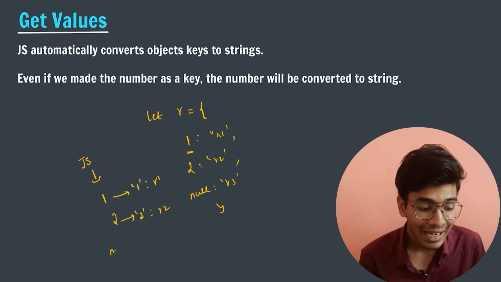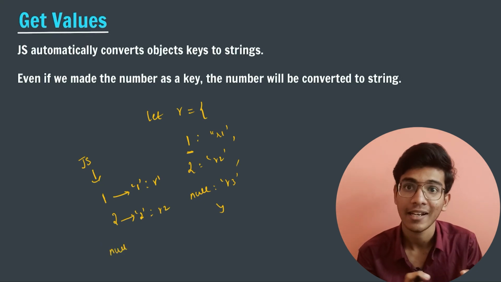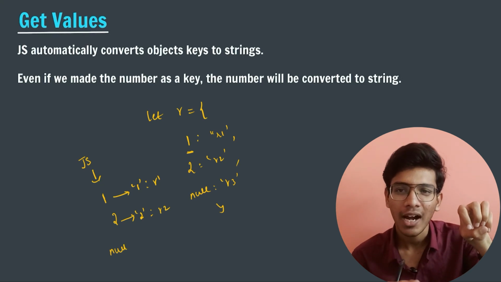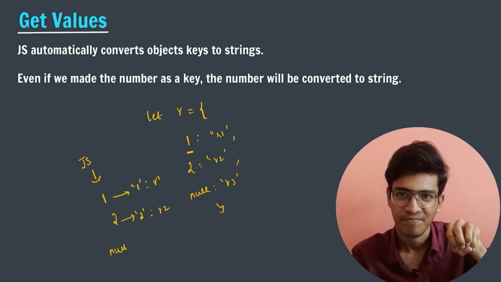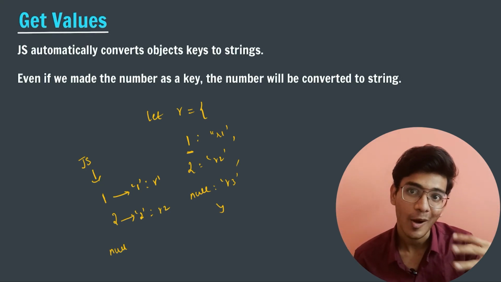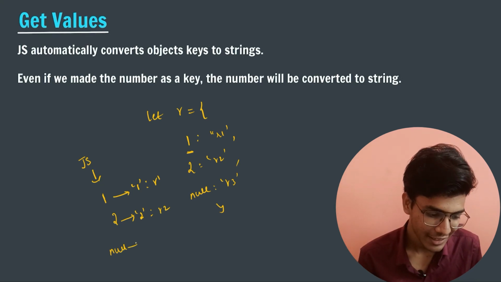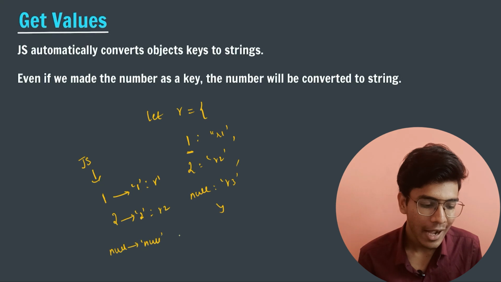Similarly, this null is not the actual null. We know that null is an object in JavaScript and it represents nothing, but this null is basically a string. So this null is converted into a string and it has the value r3.